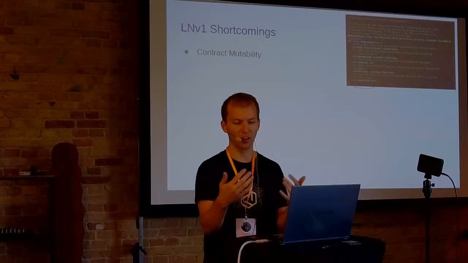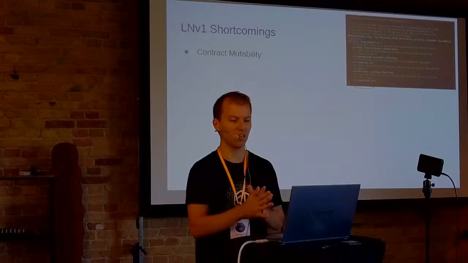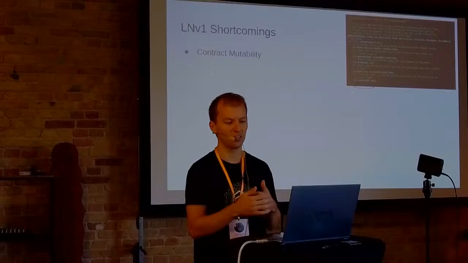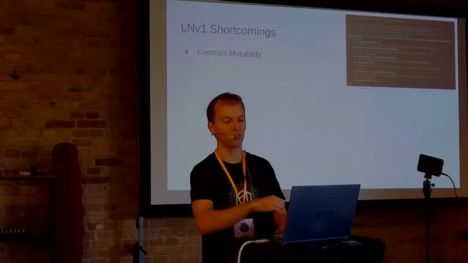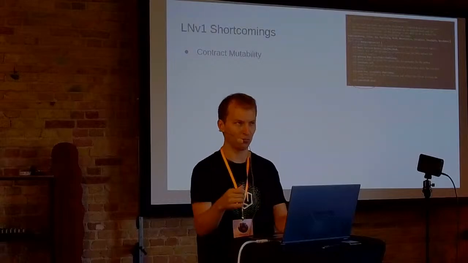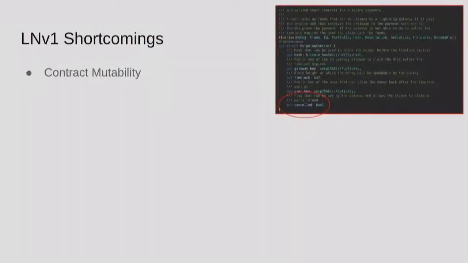It's not a fundamental problem, but it makes things hard to reason about, and the gateway can then reclaim its money, but you sort of have to be able to look at the state of that. Another issue that Joshua will get more into is that the federation is actually the one that decrypts the pre-image in V1, which is not necessary.